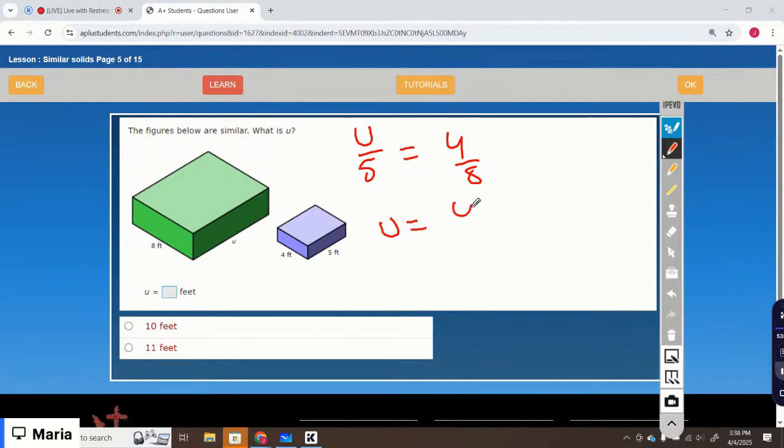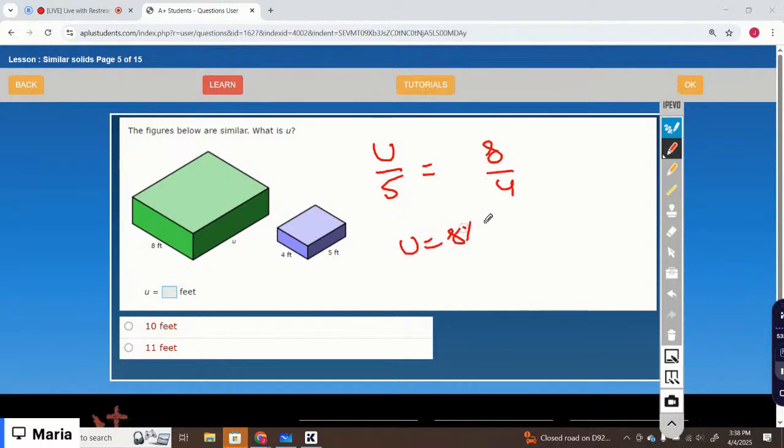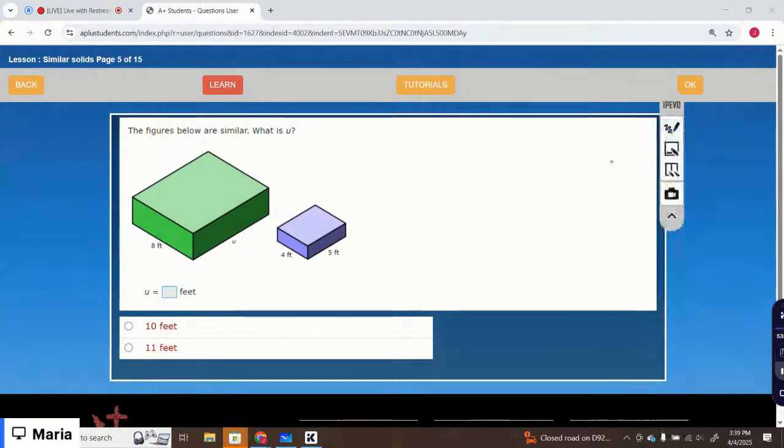So U equals, no, that is U over 5 equals 8 over 4. So U equals 8 times 5 over 4. 8 times 5 is 40 and 40 divided by 4 is 10. Option number 1 is the correct option.